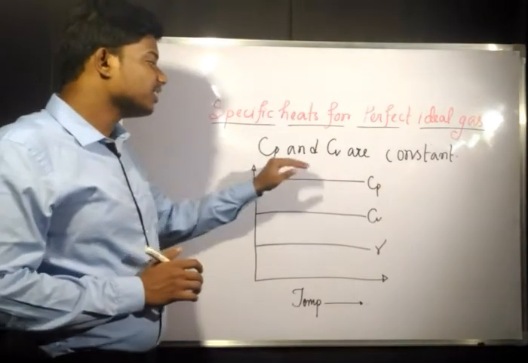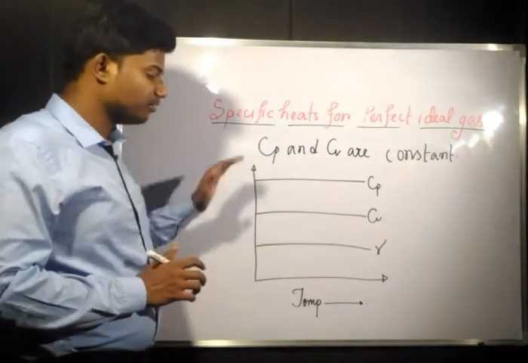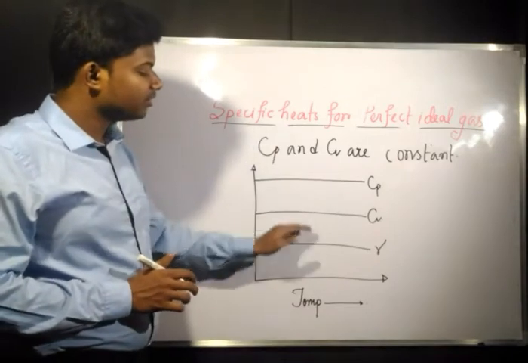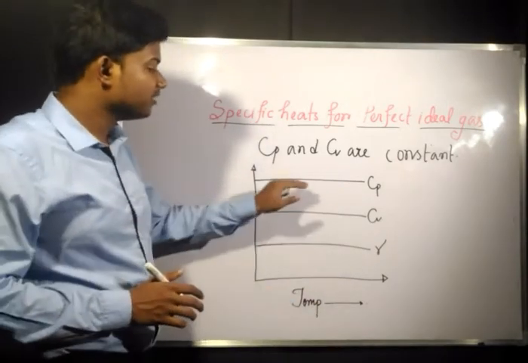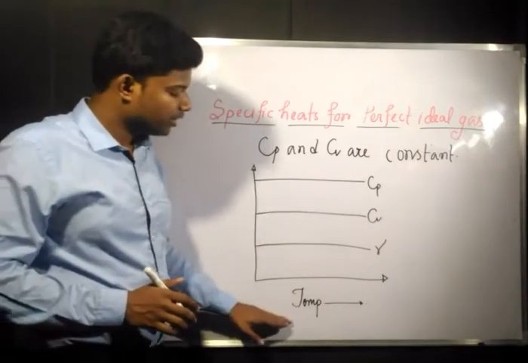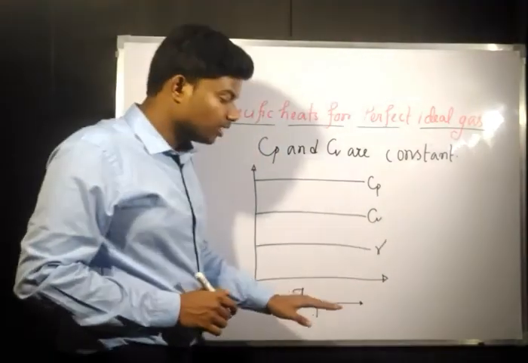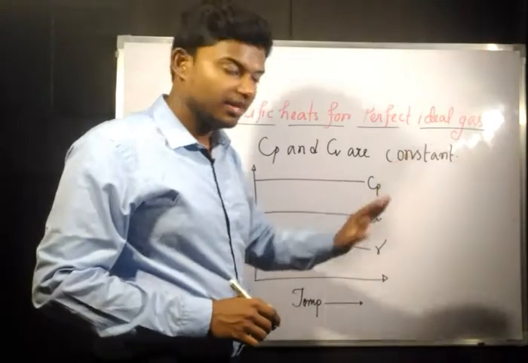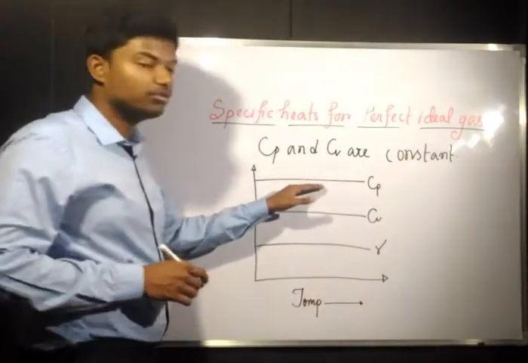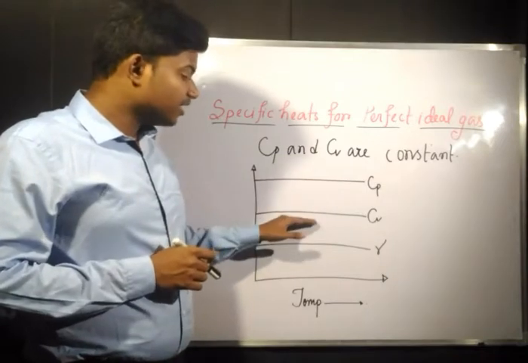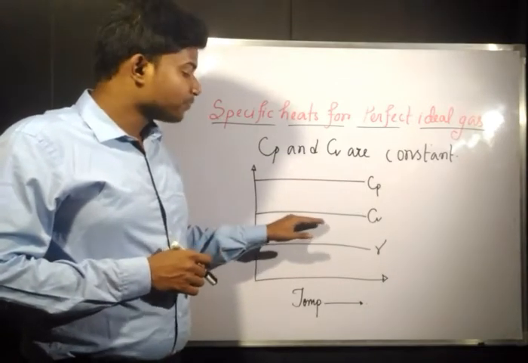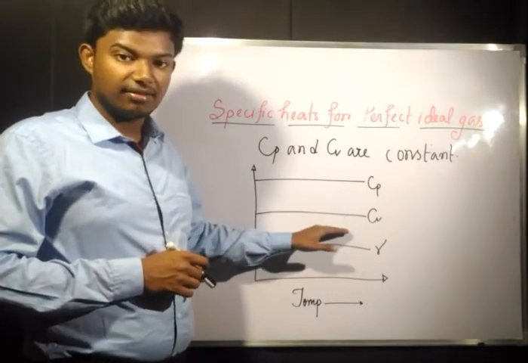Now for perfect ideal gas, Cp and Cv are constant. That means if you make a graph of Cp, Cv and gamma versus temperature, then with the rise of temperature, Cp is going to be constant. Even if you keep increasing the temperature to infinity, the Cp value is going to be constant for perfect ideal gas. Similarly, the Cv value is also constant.